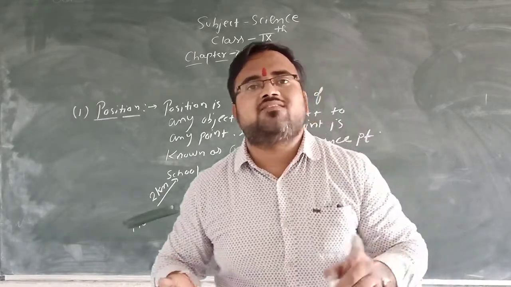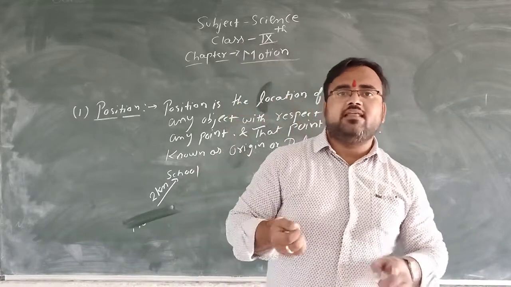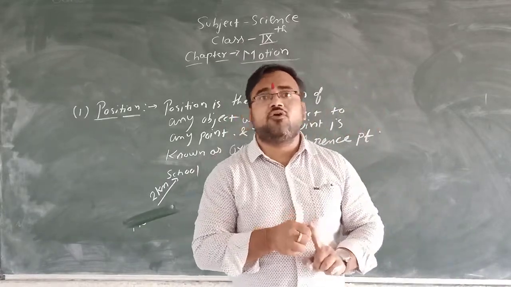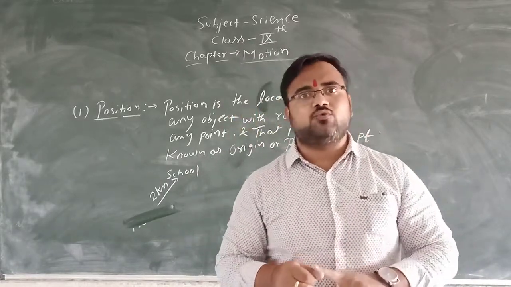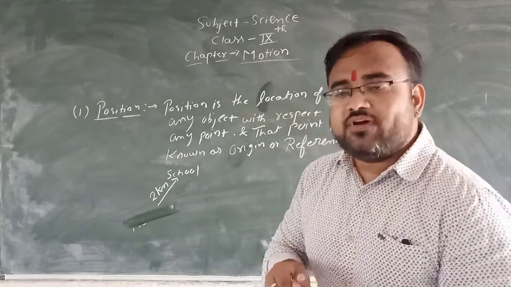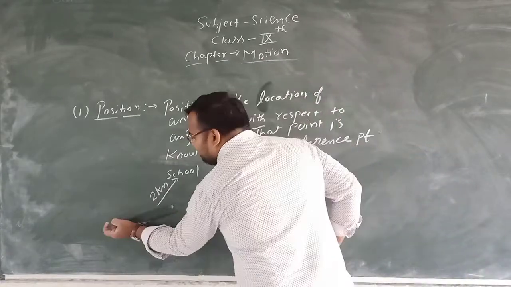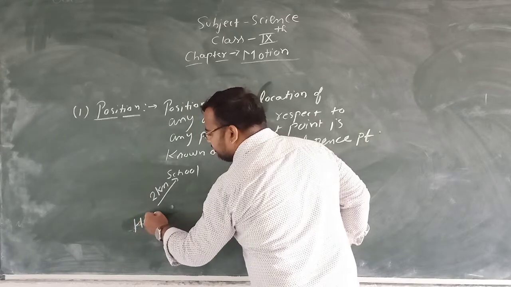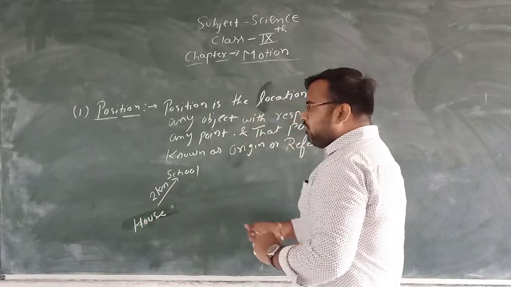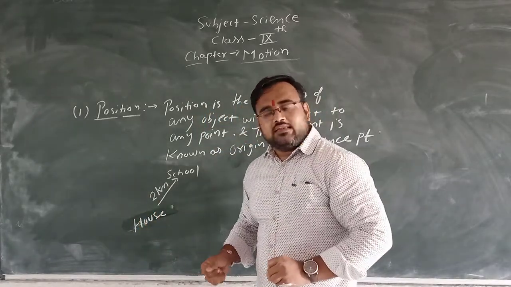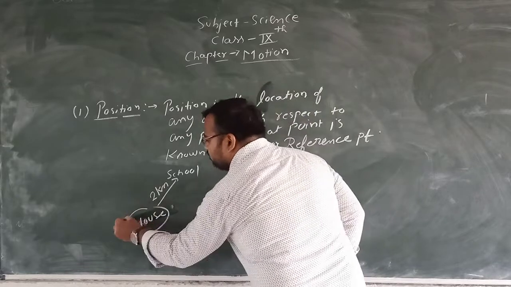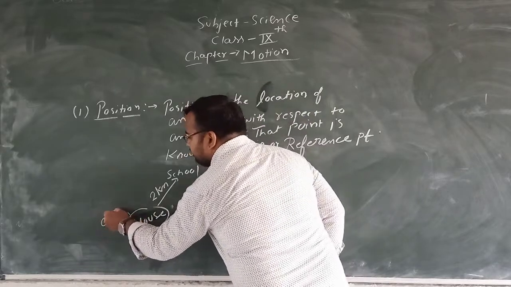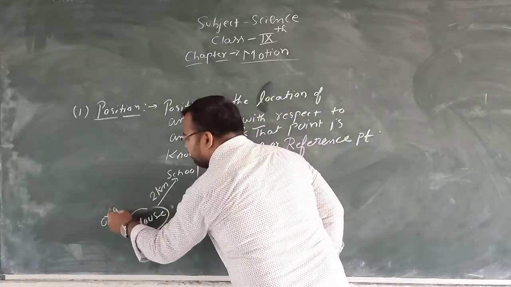If I say my school is 2 kilometers away, the first question that arises in our mind is, from where? So if I say my school is 2 kilometers away from my house, then this house is known as the origin.